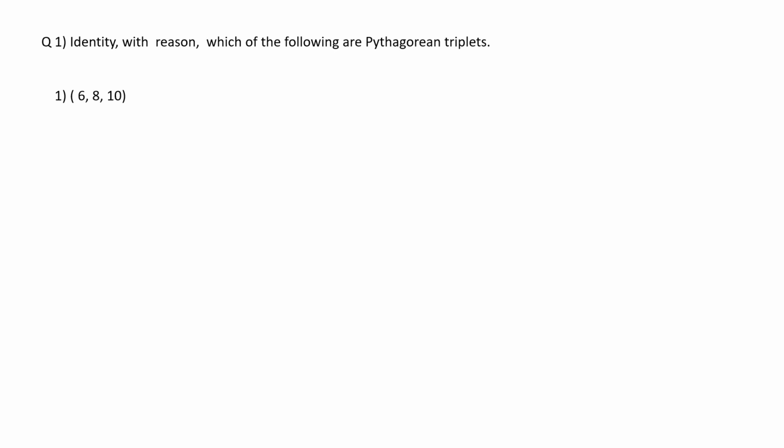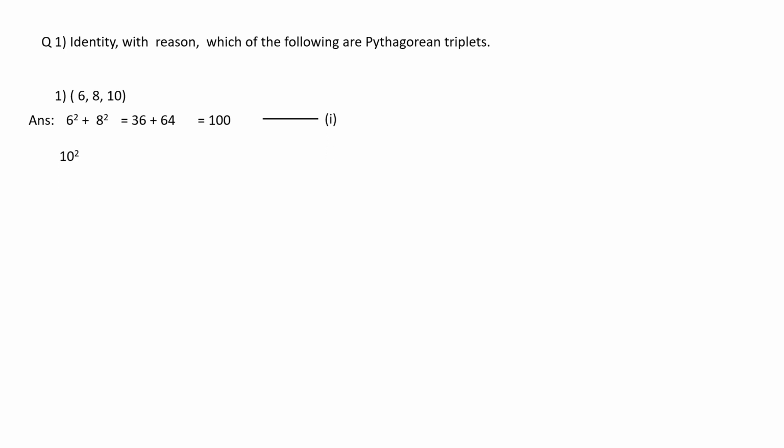There, first calculate the sum of squares of the smaller two numbers. 6 square plus 8 square is equal to 36 plus 64 is equal to 100. Call this statement number 1.